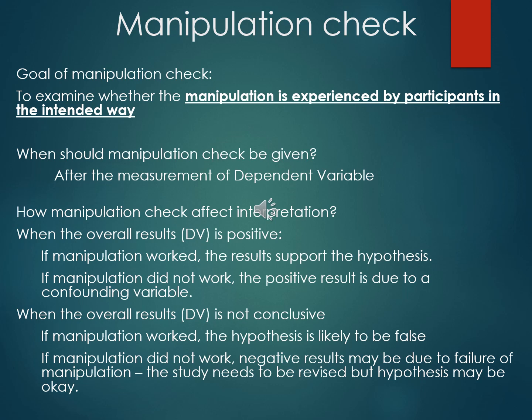By giving the manipulation check after the dependent variable, you can maximize the quality of the dependent variable. And this slide contains a list of how the results of the manipulation check affect your interpretation, so please read these things carefully.